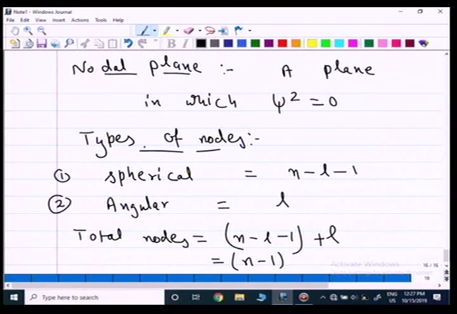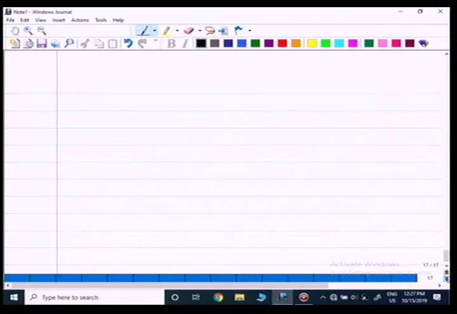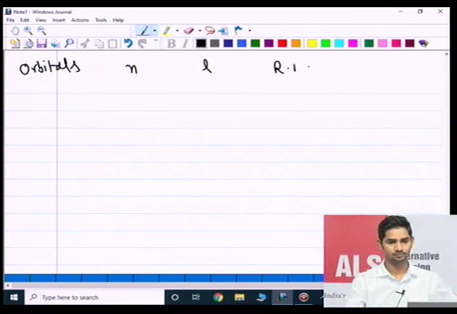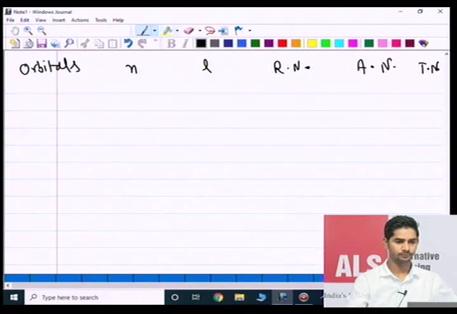Guys, see: orbitals, n, l, radial node, angular node, and this is your total node.